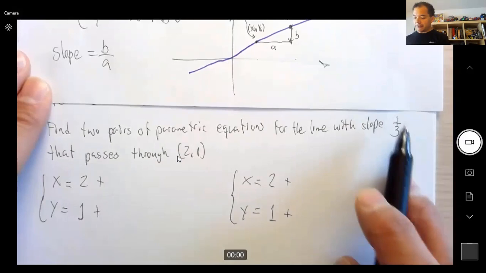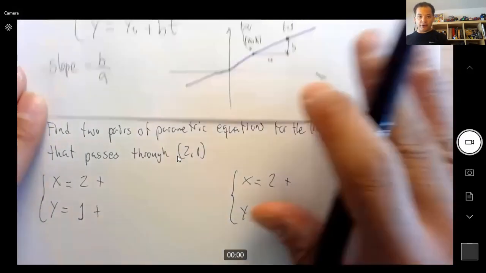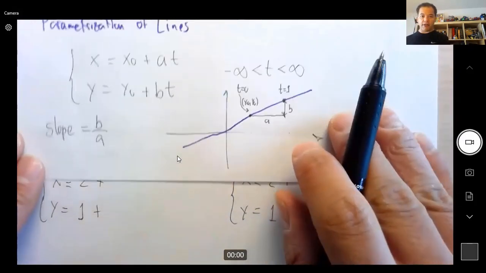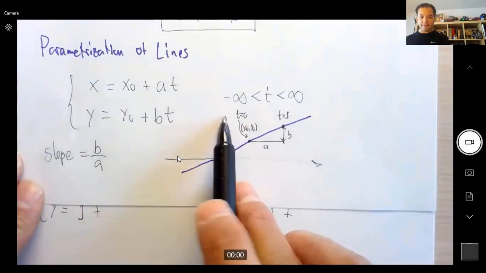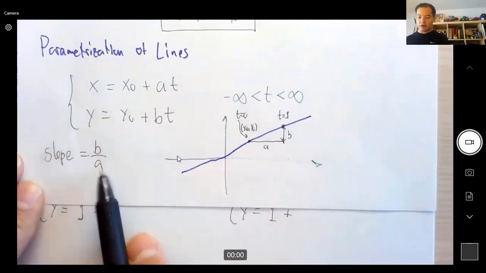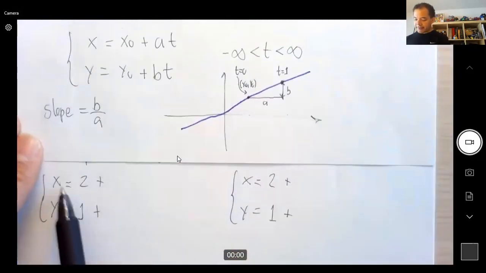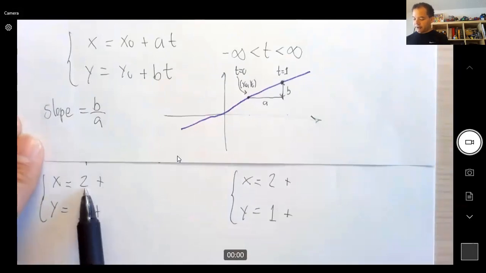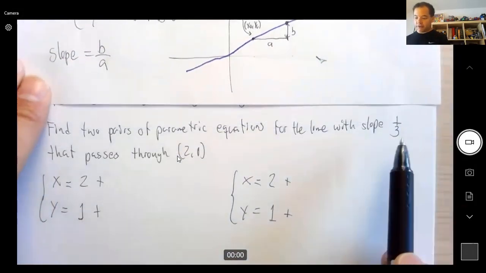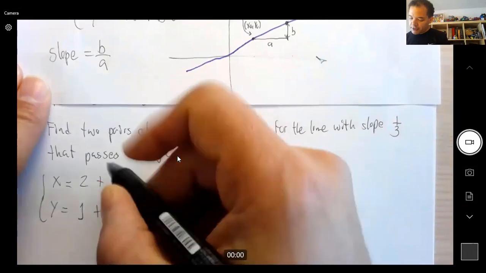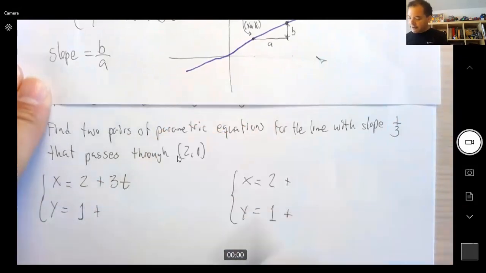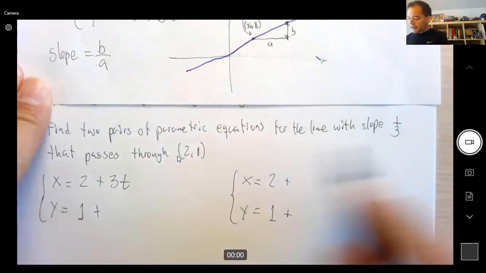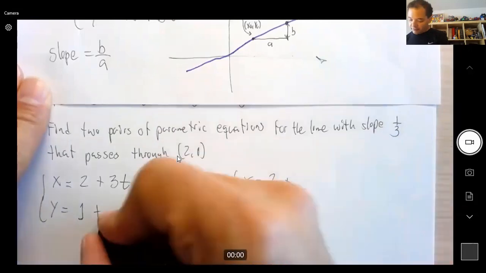So the slope, let's do it with 1/3. If we do it with 1/3, remember the one in the top. So a has the denominator. So x has the denominator. So in this case, the denominator is 3. So this would be 2 plus 3 times t, and y has the top, in this case 1, so 1 plus t.